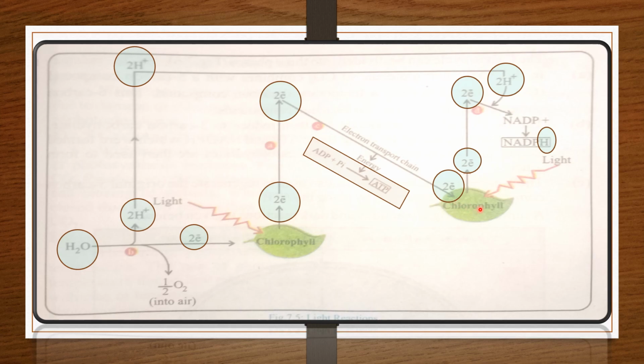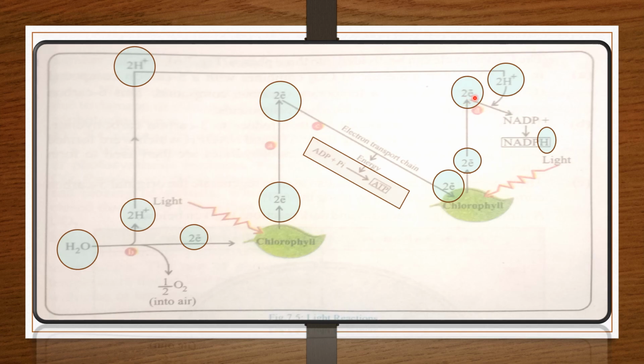And this is another leaf. In photosynthesis we discussed two photosystems, if you remember. This is photosystem 1 and this is photosystem 2. When this electron comes here, light again falls on the chlorophyll, and again an electron is removed and carried by another, and the hydrogen which was separated from H2O comes here and joins in this reaction.